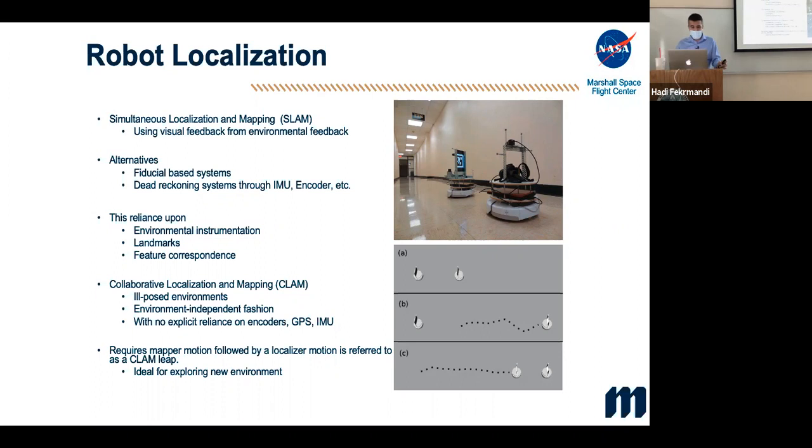The figure below, labeled A, B, C, shows the leapfrogging motion where one robot is the localizer and the other robot is the follower. So one has the target and one has the camera, and it sees the target, makes an estimation of that, and that allows it to move.